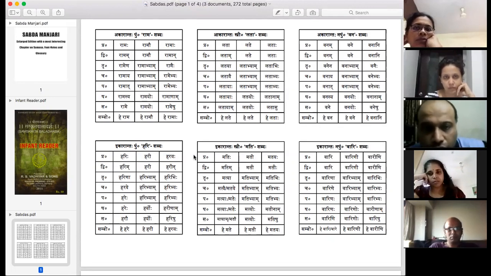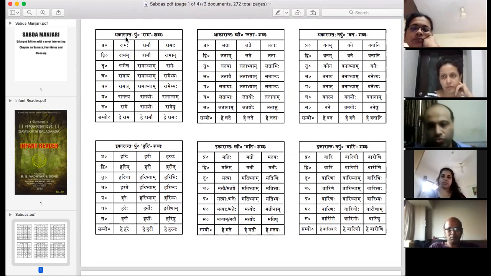So that pum on top in the first row, it is Akarantaha, Pullingaha. Pum means Pullingaha. Pullingaha means masculine gender. And Rama Shabda. So the Shabda is Rama.